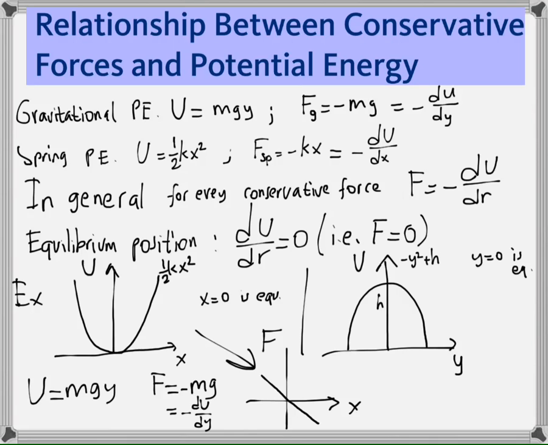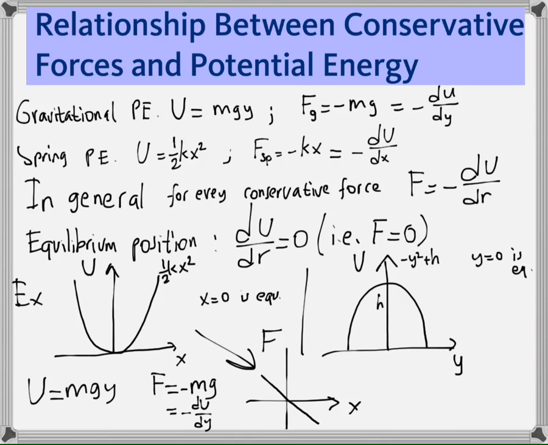So if an object has a potential, and if you slightly move it and release it, and it moves around a specific point, that point is called the equilibrium point. In our case, x equals 0 is the equilibrium point of a spring.